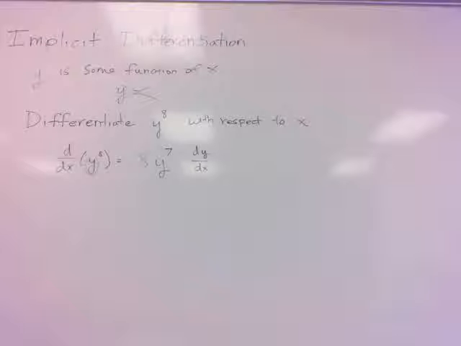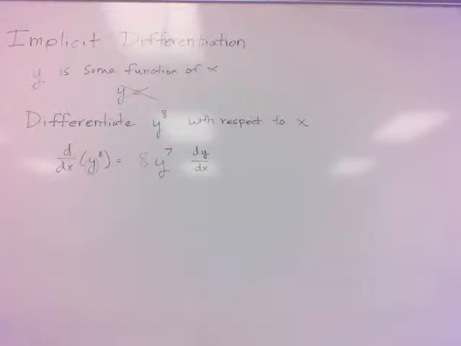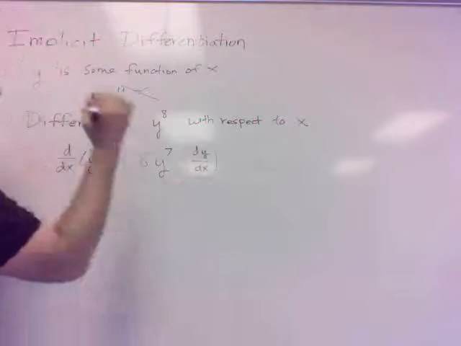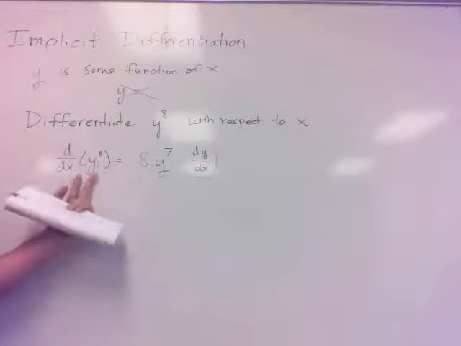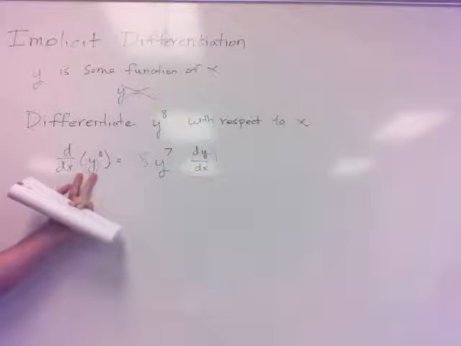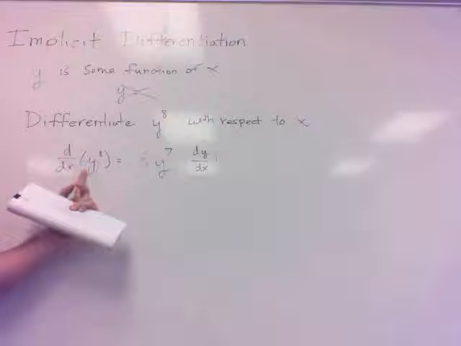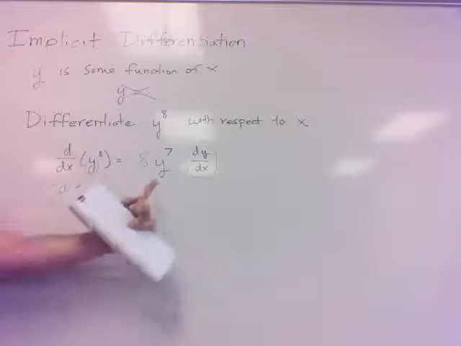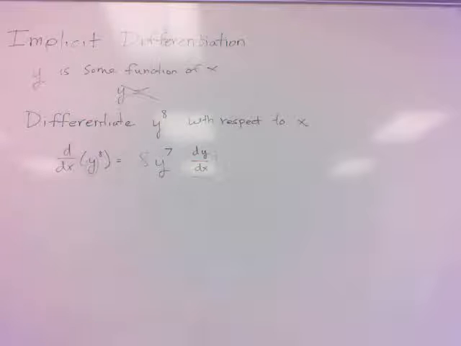So, cutting to the chase, here's what this means. If I'm differentiating with respect to x, and I don't know what y is in terms of x, I have to add this piece right here. There's also a dy dx that goes along with the power rule or whatever you're using, trig function derivative. But if I'm differentiating a y with respect to x, I have to add this dy dx notation, which is the way we usually document it. We'll write it down. Okay?